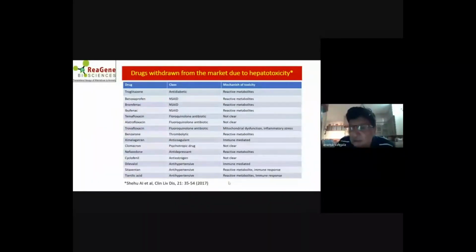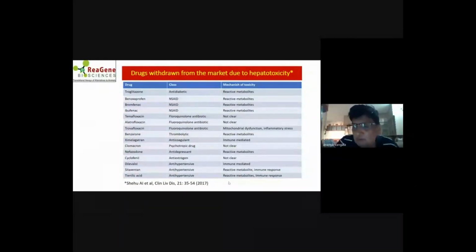I cannot do a clinical trial with 10,000 patients because it's very costly. As such, I'm spending $2.5 billion. I cannot spend any more money to do the phase 3 trials with a 10,000 population. So these are the problems that we face, and many of the drugs that go into the market are now withdrawn from the market. And this is one major issue that we face.